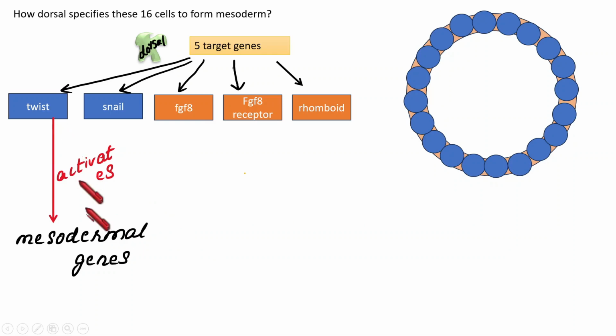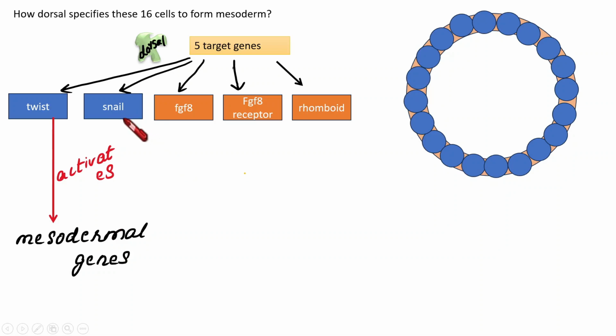Clear? So, in what way does it support? It helps the 16 ventralmost cells to become mesoderm by activating the mesodermal genes present in those cells.